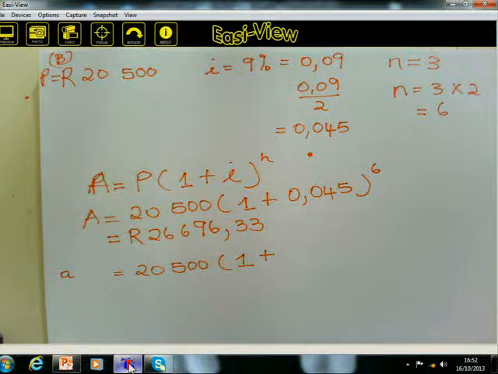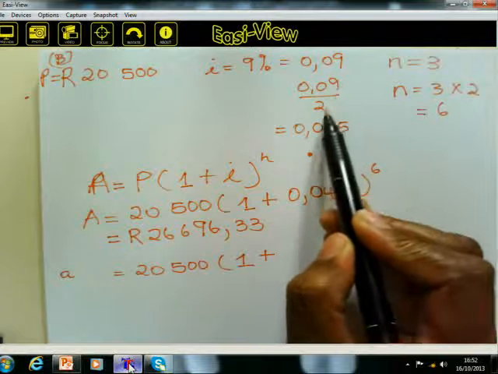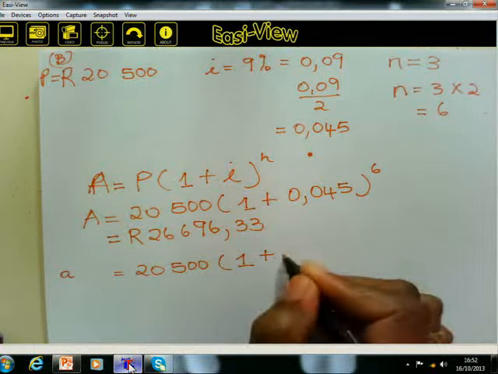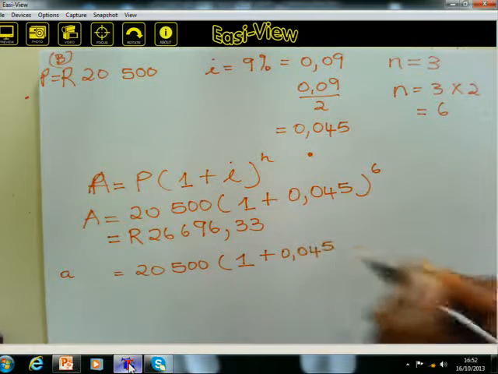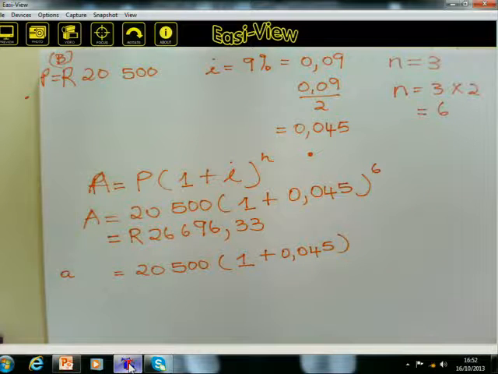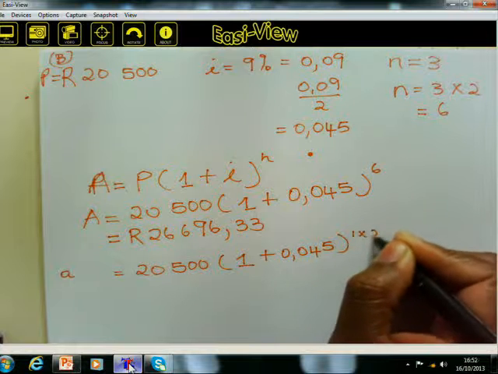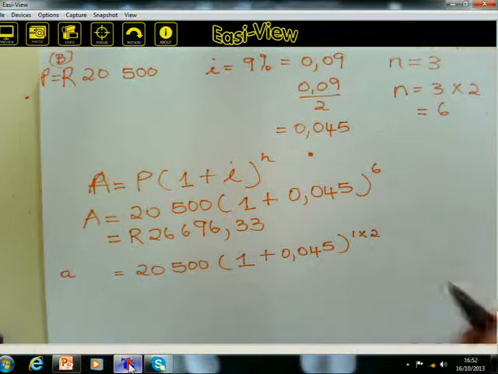So the interest is 9%, and we divide it by 2, so it's going to stay like that, 0,045. And then the instruction said for 1 year, so it's going to be 1 multiplied by 2, because it's only 1 year, so we're going to get the money only 2 times.